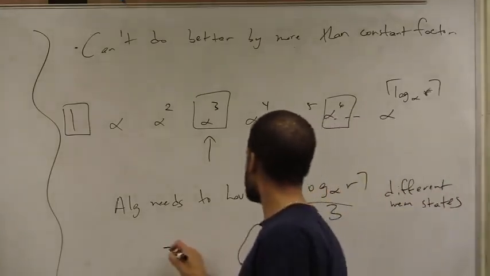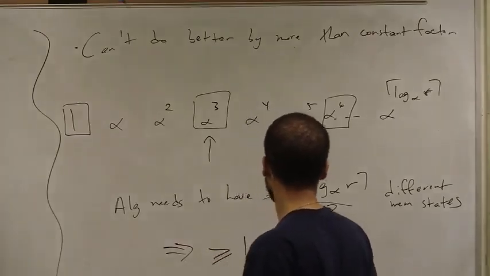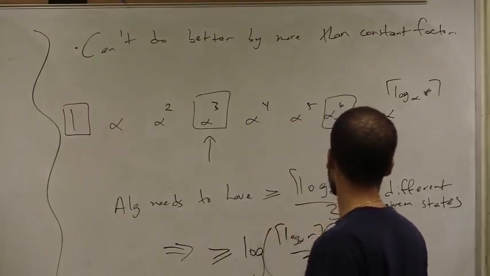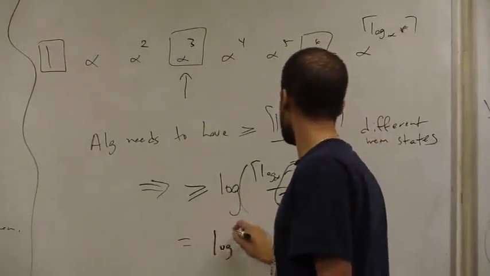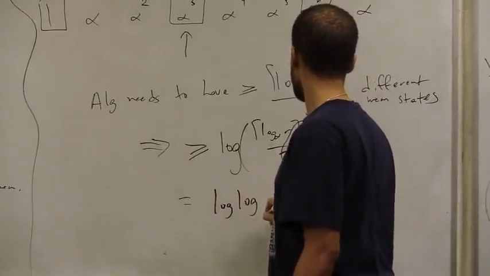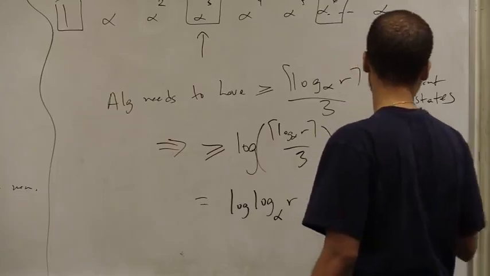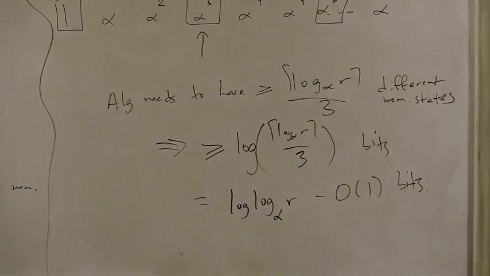So that means I need to use at least log of log base alpha r over 3 bits, which is exactly log base alpha of r minus O(1) bits. So up to an additive 1 or 2 bits, I can't hope for better than log r.